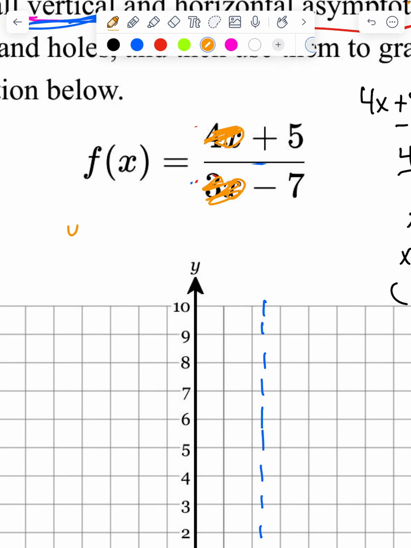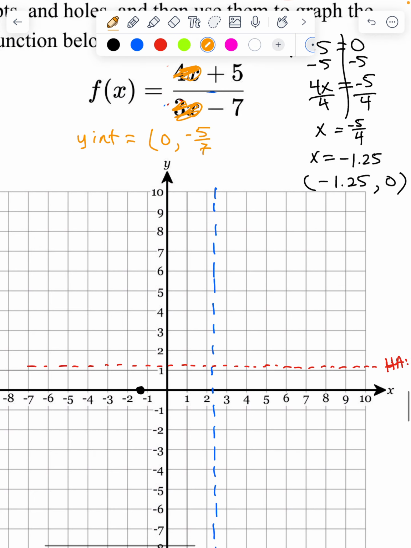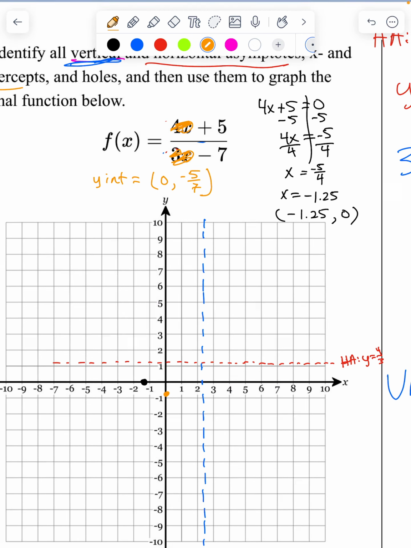So my y-intercept will be at (0, negative 5/7). I know there's a negative on the bottom. You can move it up to the top or in front. It's the same. So negative 5/7. See, (0, negative 5/7) is just a little bit shy of 1, so it should look like that.